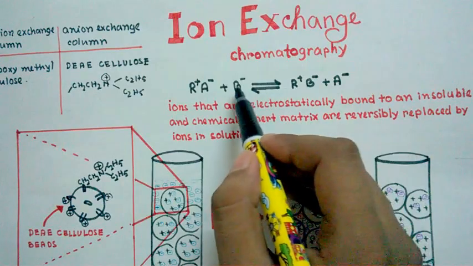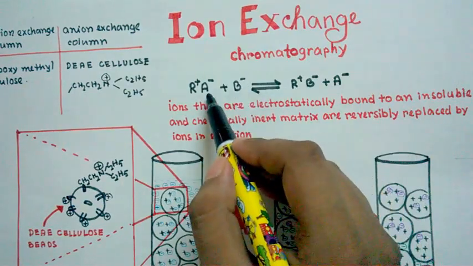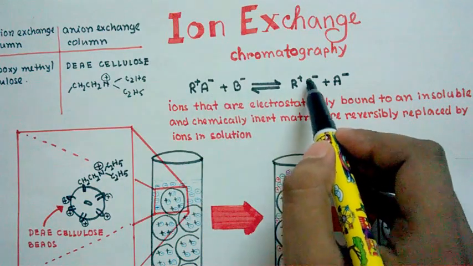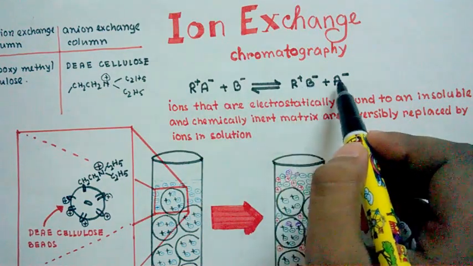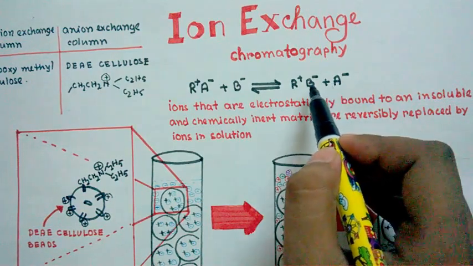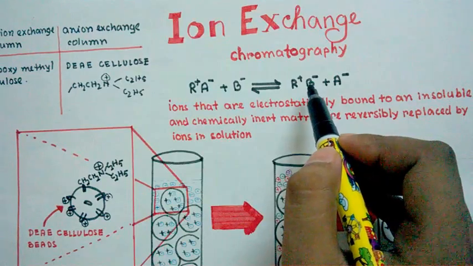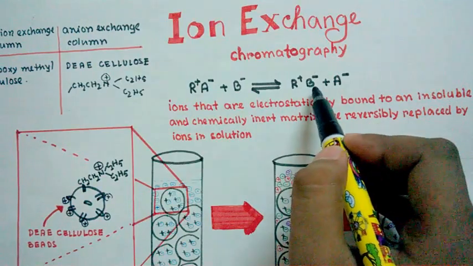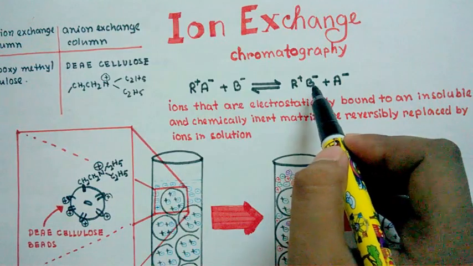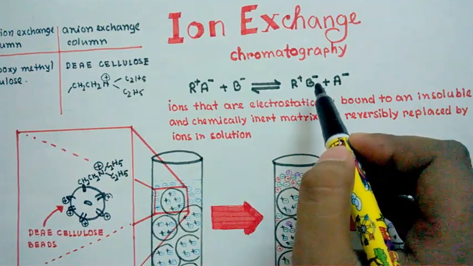This protein B exchanges with A and binds with the matrix, replacing A. After some time, if we want to elute our protein B, we would apply another molecule which has a negative charge.